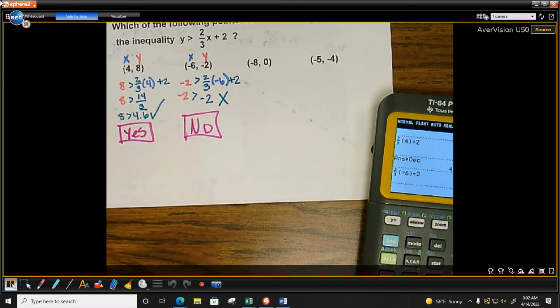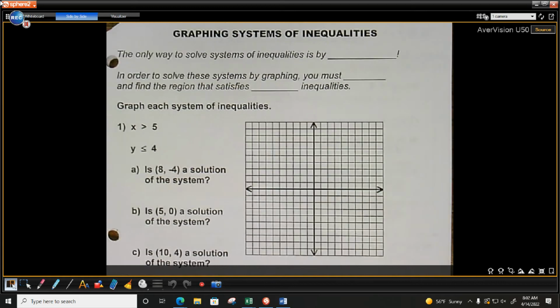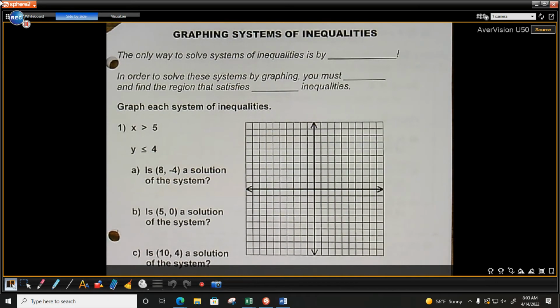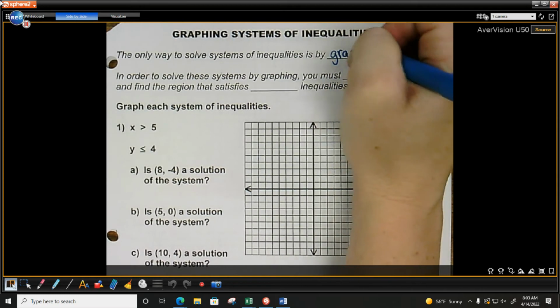Systems just mean we are going to graph how many inequalities on our graph? More than one. And in our case, we're only ever going to do 2. Okay? So, the only way to solve a system of inequalities is by graphing. Y'all just took your test over solving systems of equations, and we taught you substitution, elimination, and graphing.